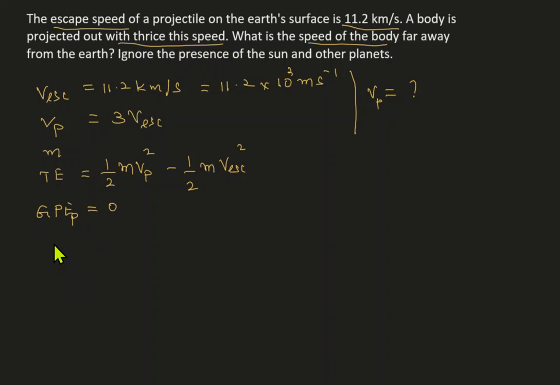Therefore the total energy of the projectile, even though it is the kinetic energy and potential energy, here the potential energy is ignored, so we can take the total energy of the projectile far away from the Earth as half into m v p squared.